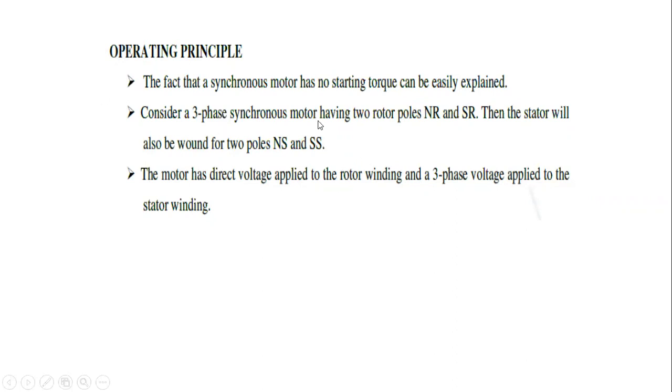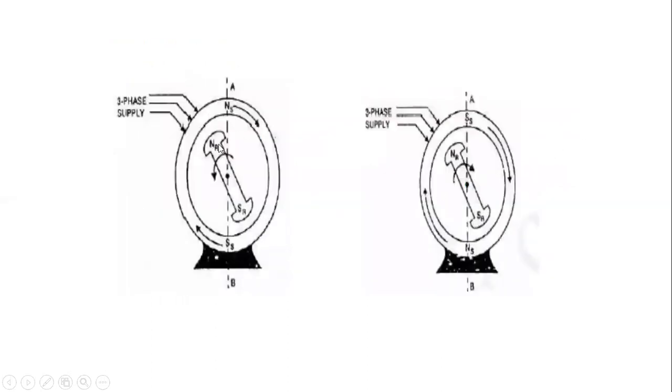Consider a three-phase synchronous motor having rotor poles, the north and south poles, and the stator also wound for two poles. The motor has direct voltage applied to the rotor winding and three-phase voltage applied to the stator winding. This is the stator and this is the rotor.